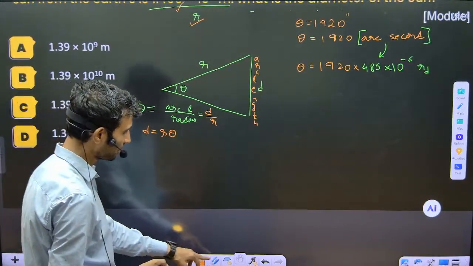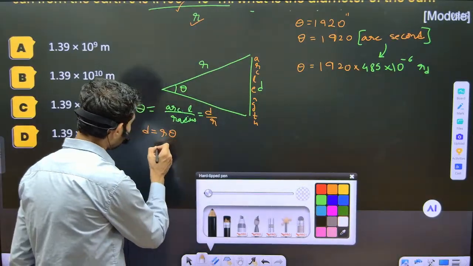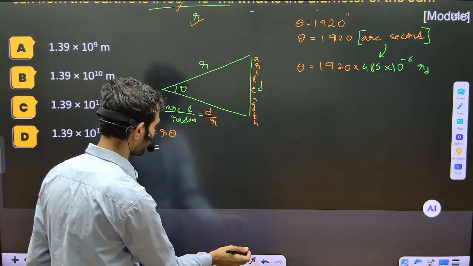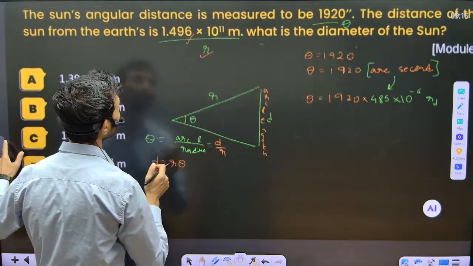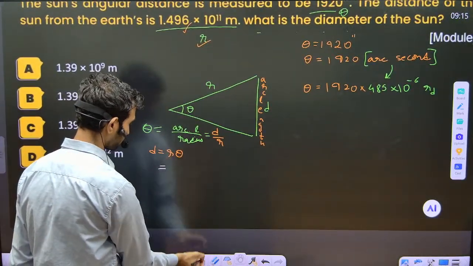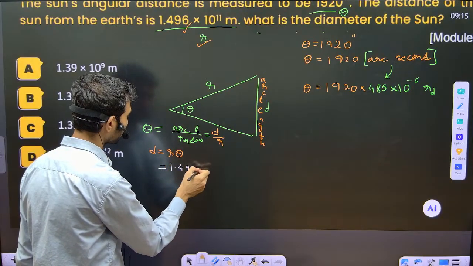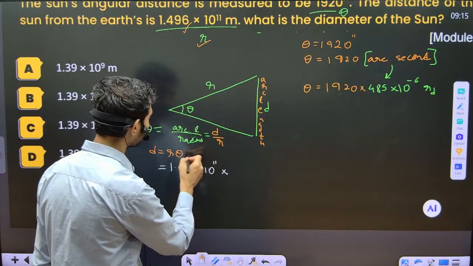Okay, so let's see what d is coming out to be. D is R theta, R into theta. R is how much? R is that value, 1.496 into 10 raised to the power 11 meters, into theta.